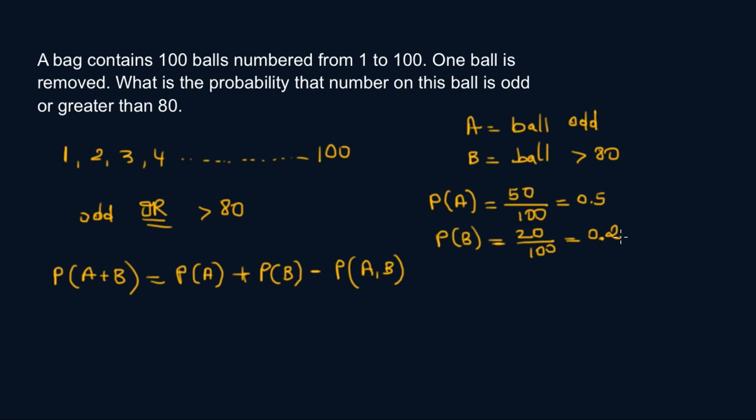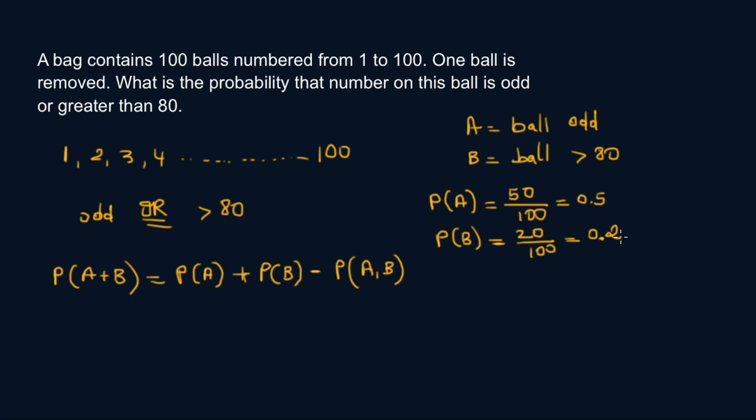Now, what's the likelihood of the ball being both odd and greater than 180? So between 180 and 200, how many balls do we actually have that are greater than 180 and at the same time odd?